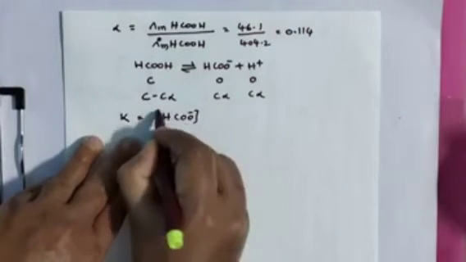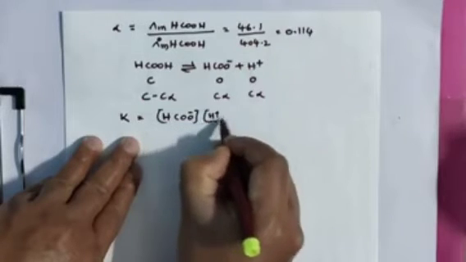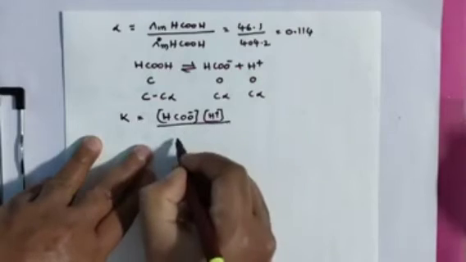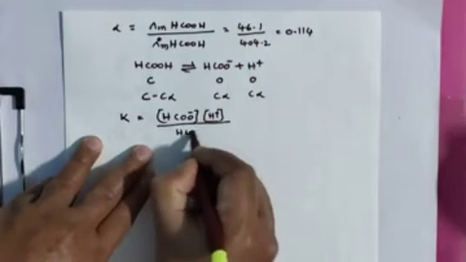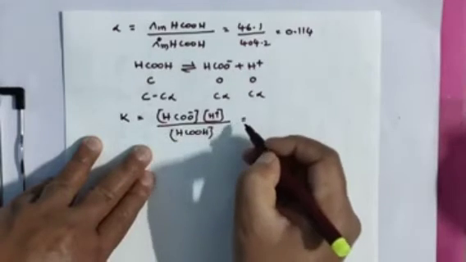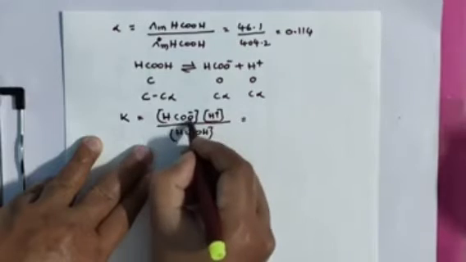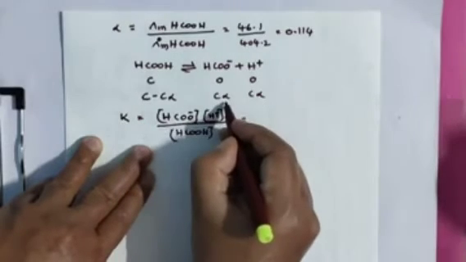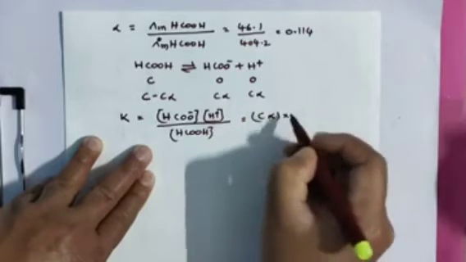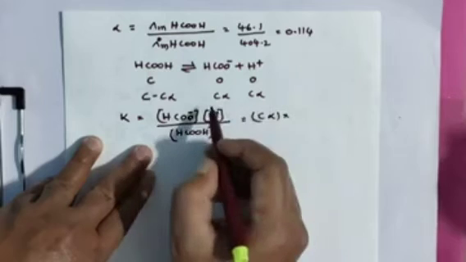K is HCOO minus concentration and H plus concentration, that means product concentration upon reactant concentration. Substitute HCOO minus: C alpha, into H plus: C alpha.